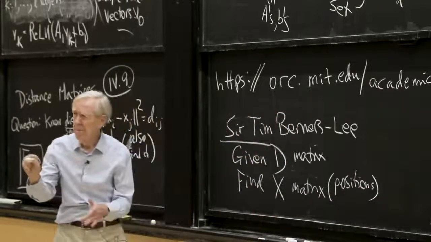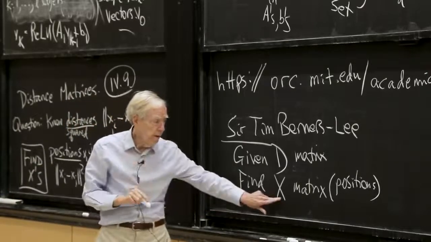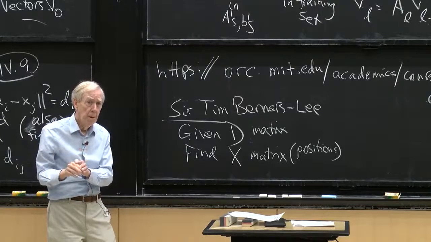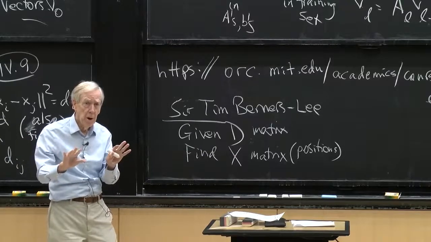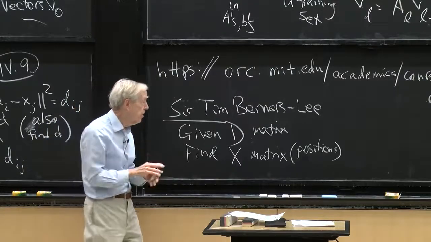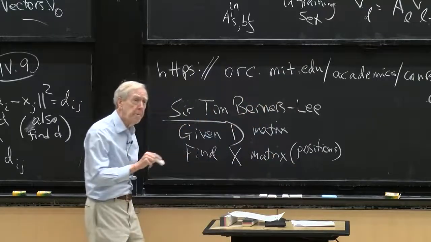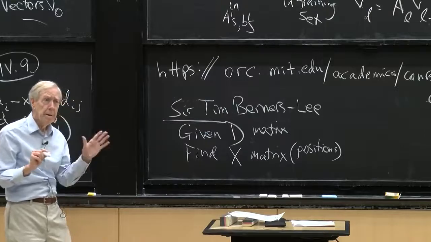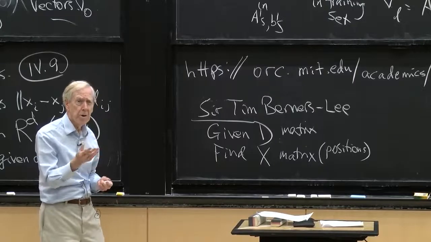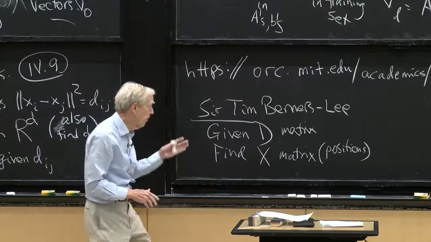If I have a set of positions, I could do a translation. The distances wouldn't change. Or I could do a rigid rotation. So positions are not unique, but I can come closer by saying put the centroid at the origin or something like that. That will take out the translations at least. Okay, so find the X matrix.